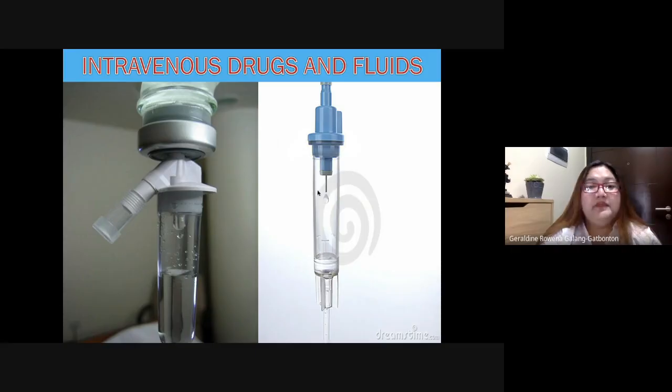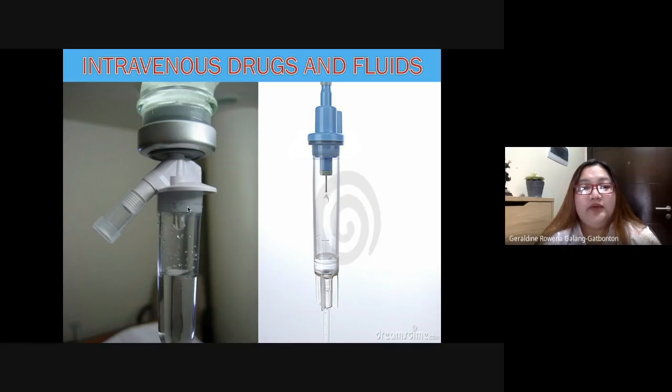Alright? Pag ang napansin nyo, malaking patak na galing sa plastic, that's macroset. Pero pag ang patak ay maliit na galing sa needle, ito yung microset. So, macro, walang needle, micro, may needle.